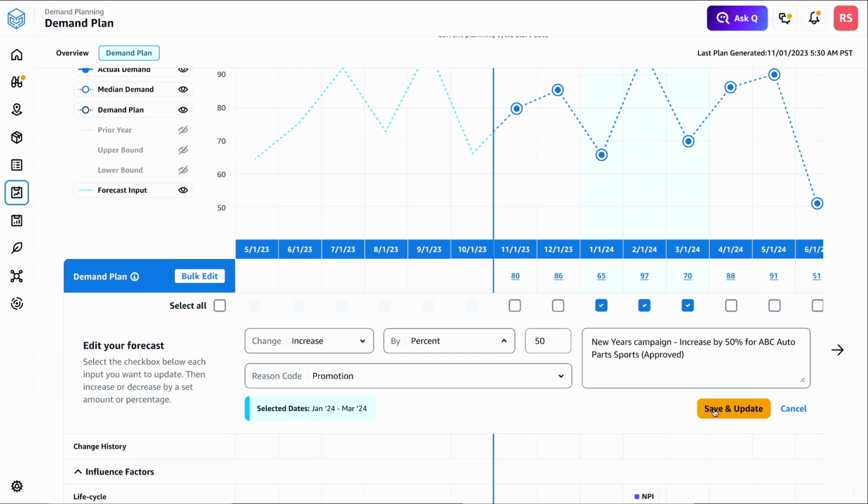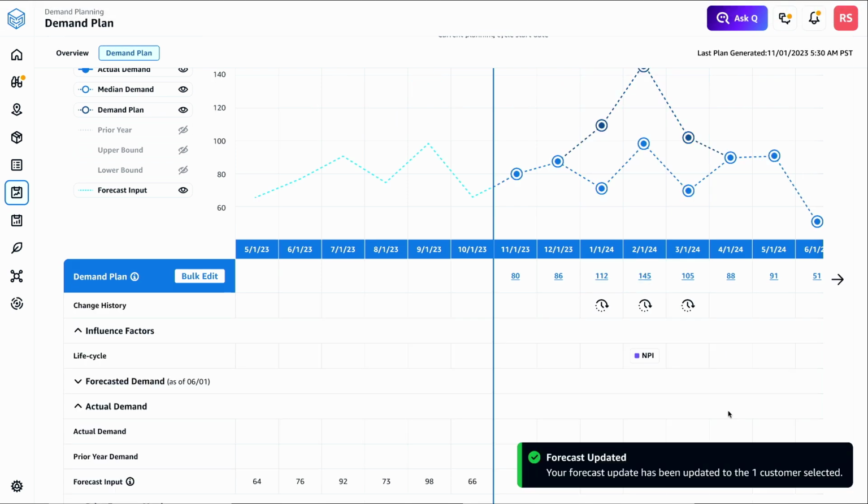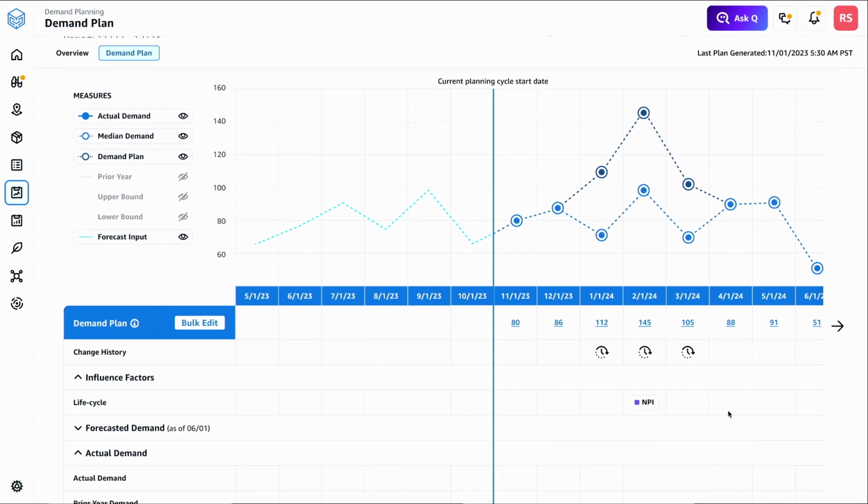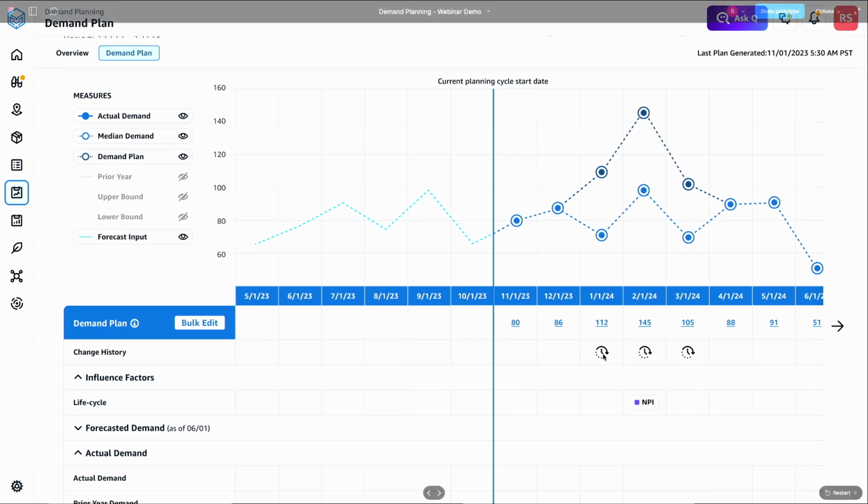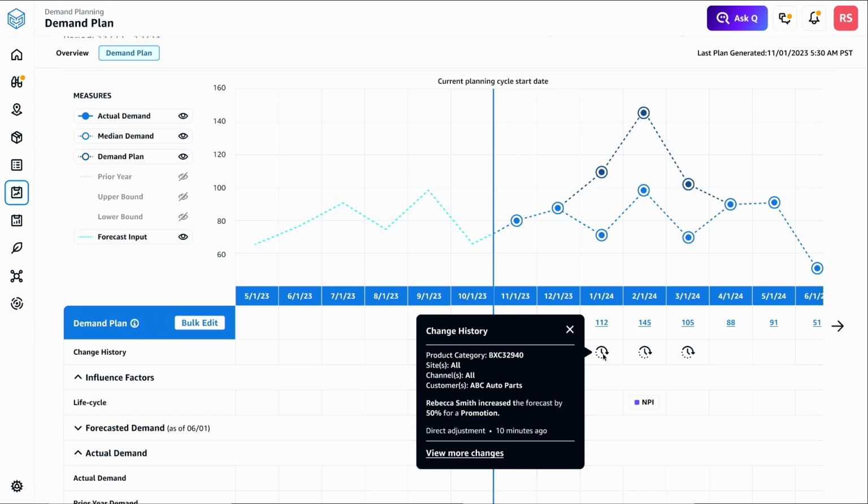Now, one thing that you notice is that as soon as I hit save and update, the application adjusted the forecast plan, but the key thing to note is that the application also registered the change from an audit trail perspective.